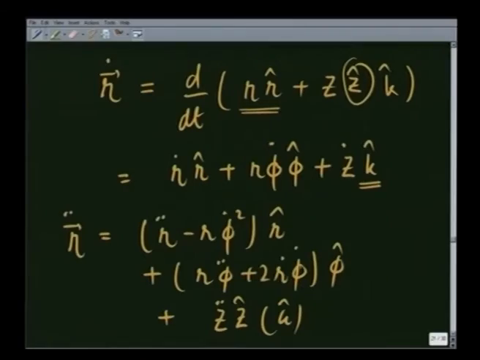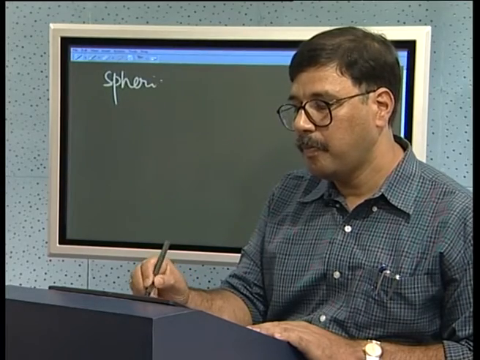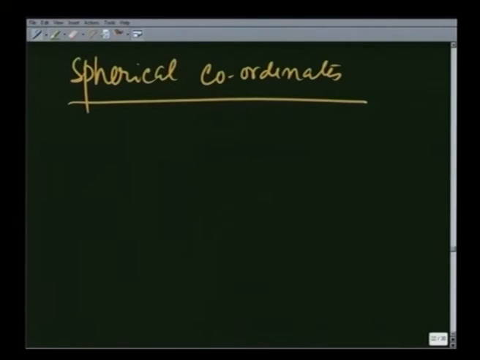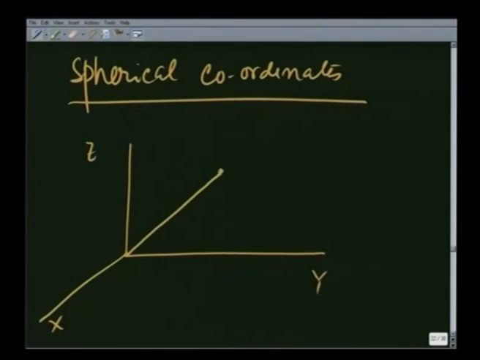A more interesting extension is the spherical coordinates to describe three-dimensional motion, and in this case, again if I make my x, y and z coordinate system, the position of a particle is given by its distance from the origin, the angle theta that this radius vector makes with the z axis, and angle phi that the projection of the radius vector, this is the projection I am showing again, makes with the x axis.